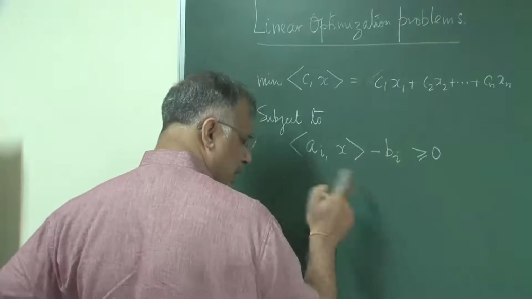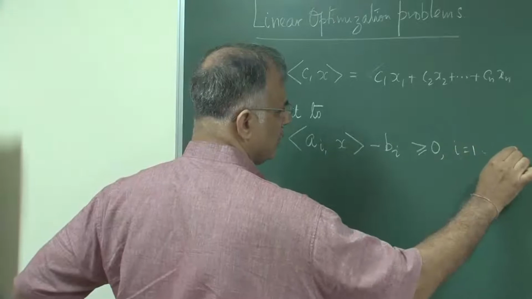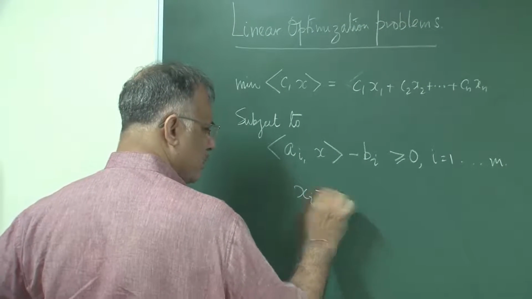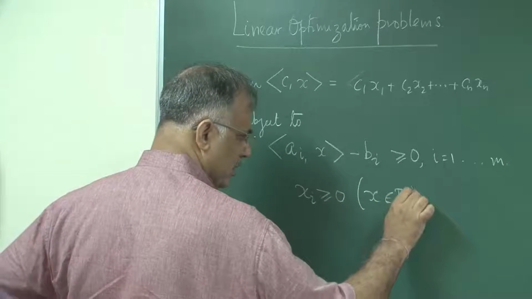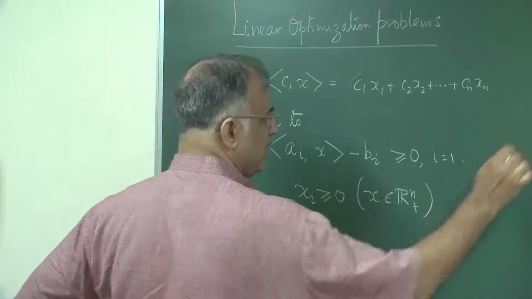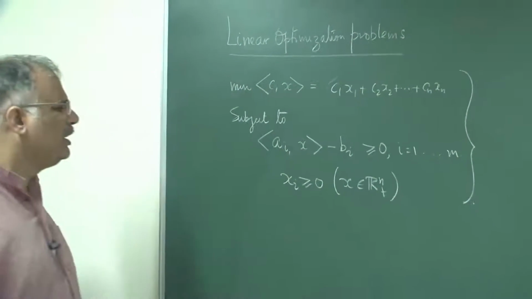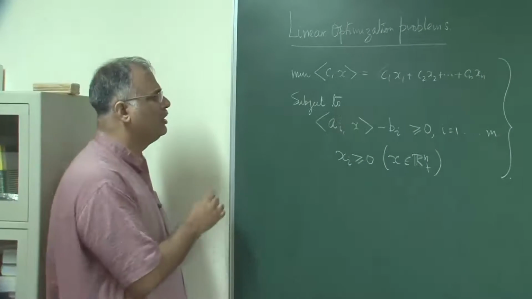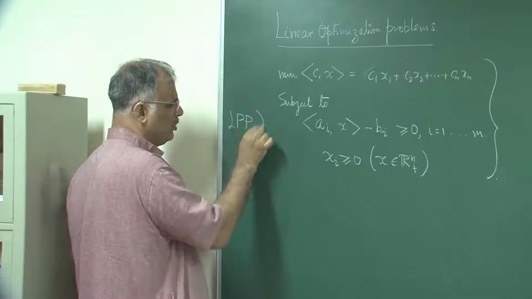You can put bi minus ai x less than or equal to 0, i equal to say 1 to m, and each of xi is greater than or equal to 0. This is same as writing x is an element of Rn plus. So this is the standard, the canonical form of a linear programming problem. This is what is called a linear programming problem, sometimes written as LPP.